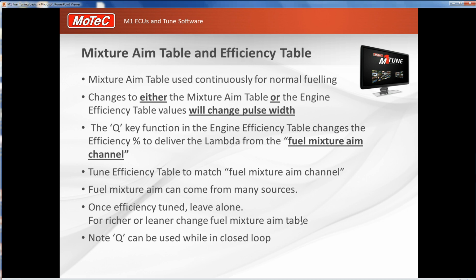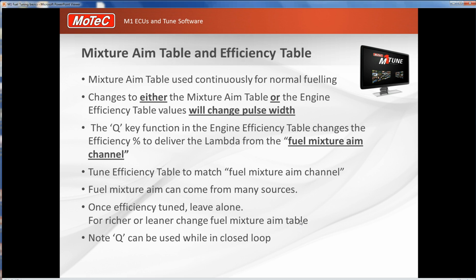So once that efficiency map is tuned, that should be then left alone. There's no reason to change or tweak the efficiency table after it's been set up properly. This is all provided, of course, that you've done and entered accurate calibrations for your injectors and the engine size and things like that.